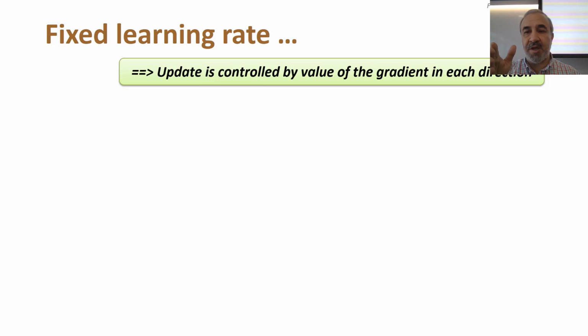So the directions here are the parameters, right? Directions of the space are the parameters. So if the gradient with respect to one parameter is very small, then the update of that parameter will be very small. If the gradient is very large, then the update will be very large. Right. How is that a problem?